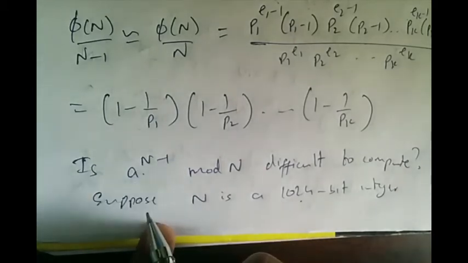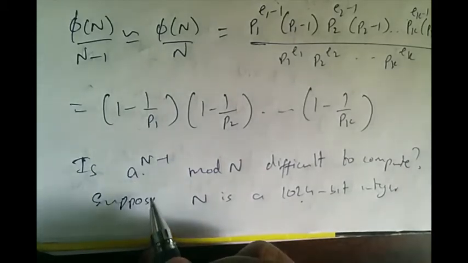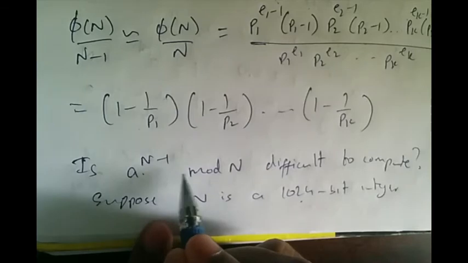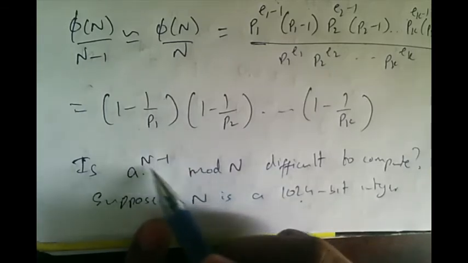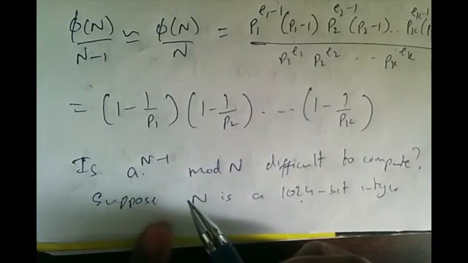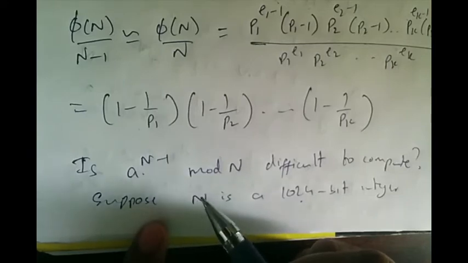You might be thinking, is that difficult to do? It turns out that you can use something called the square and multiply algorithm. This is not computationally intensive. I'll give an example.